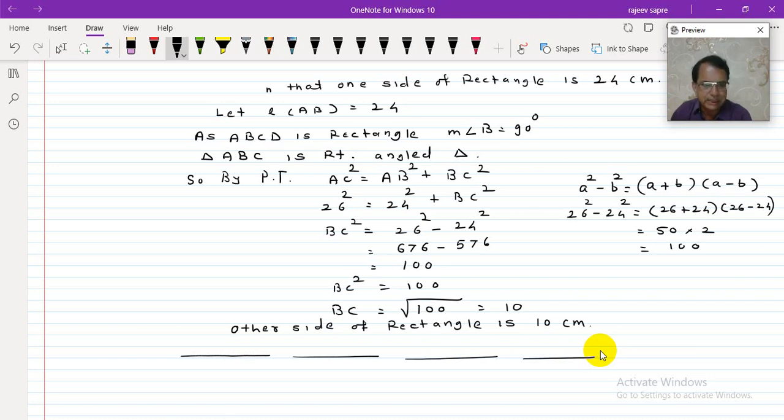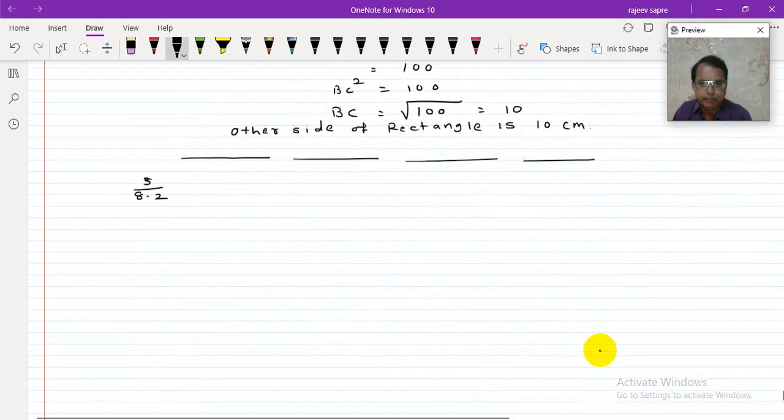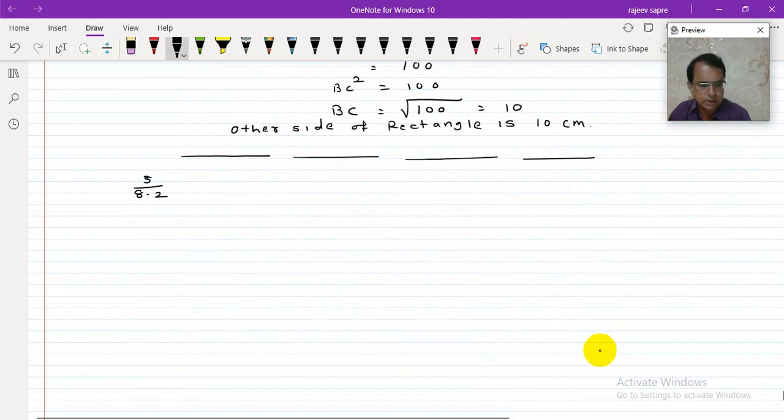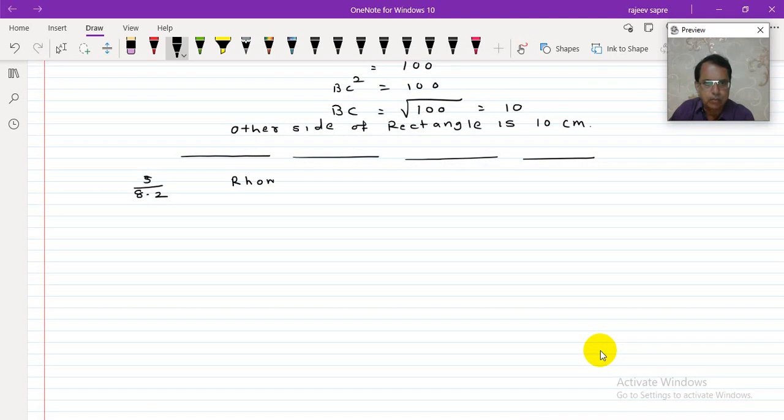Now come to the next, fifth problem of the same exercise 8.2. Now what is there in that problem? See, lengths of the diagonals of the rhombus ABCD are 16 and 12. Find the side and perimeter of the rhombus. So what is given? There is a rhombus. We are given lengths of the diagonals.